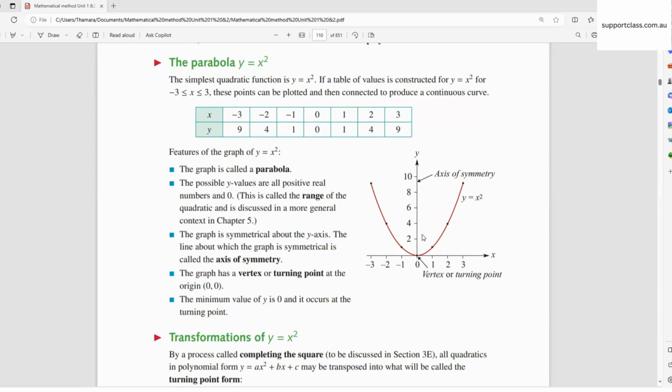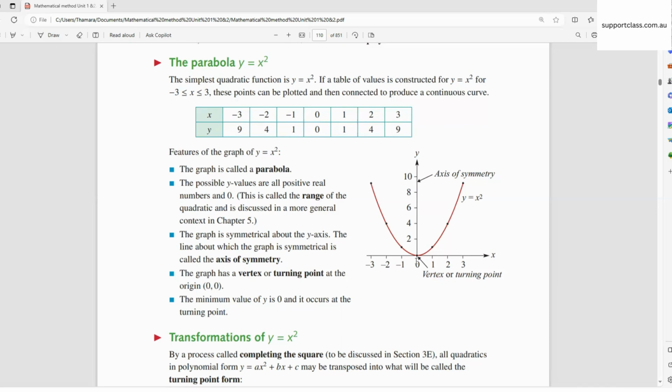This is the y is equal to 0 line. What is the lowest value for y? The lowest value for y is 0.